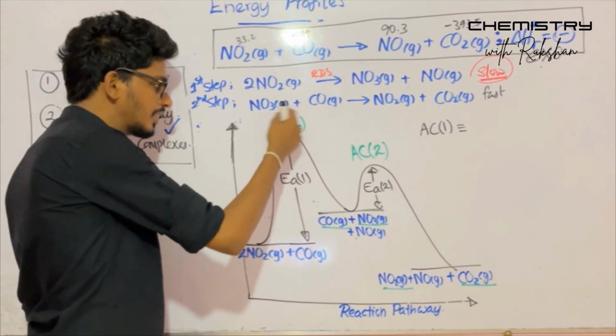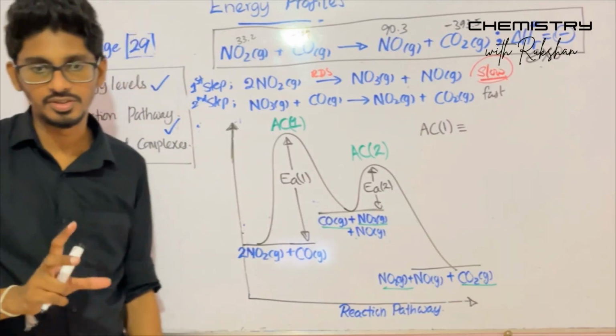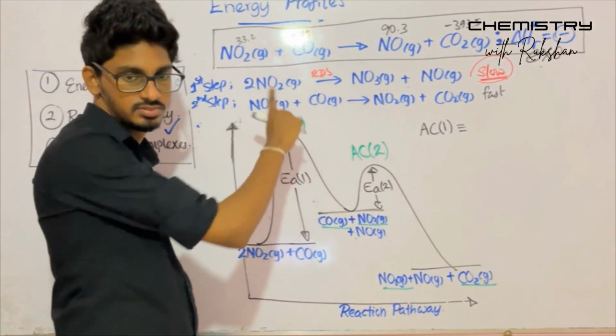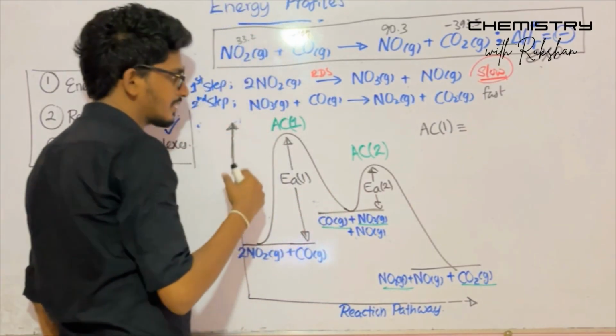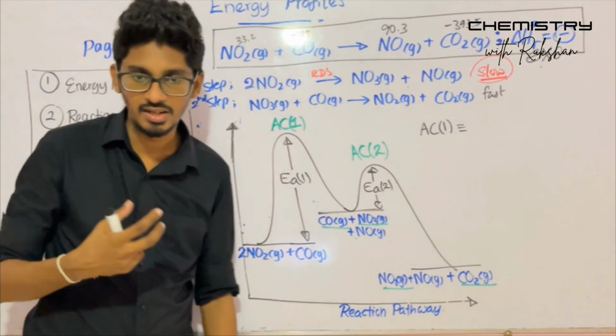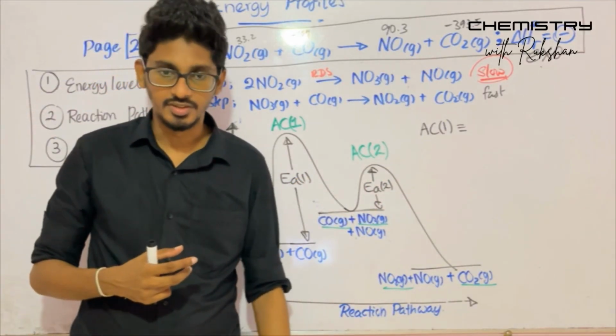That pathway is going through the activation complex 1. So activation complex 1 involves the reactants and the products of the first step. Right? So let's write the reactants of the first step and see what bonds are to be broken and what bonds are to be formed to give you the products of the first step, right?